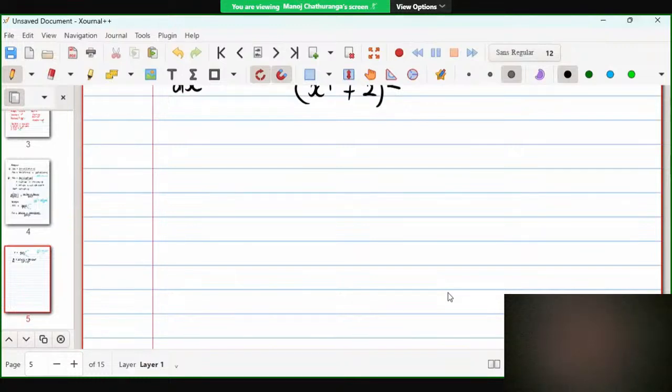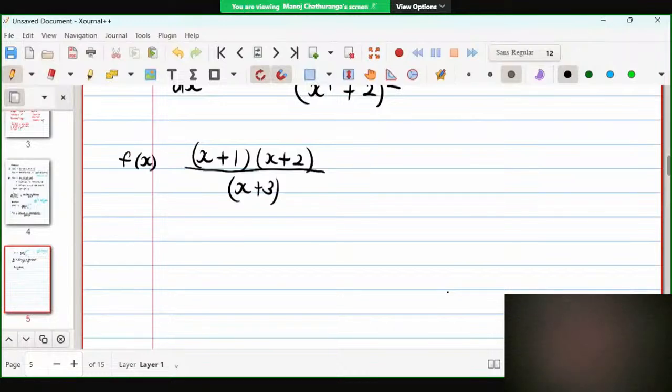Sometimes you see functions like this. You have a product in the numerator, and at the same time, it is a quotient.